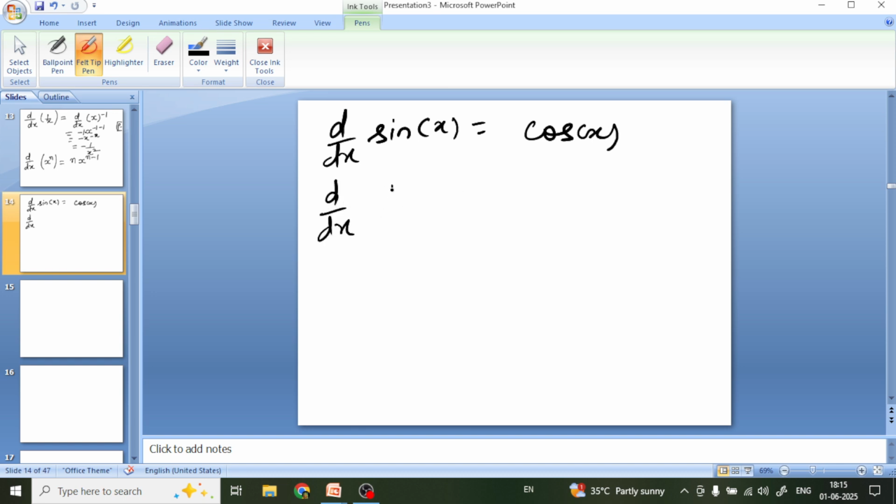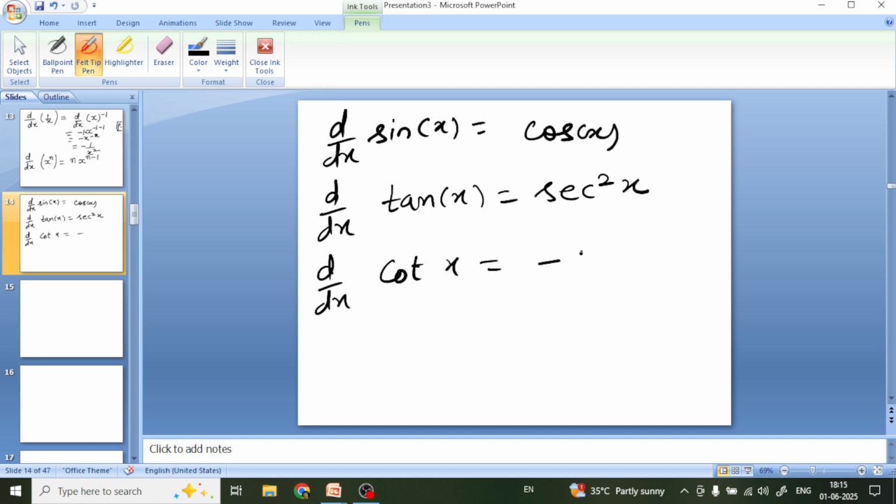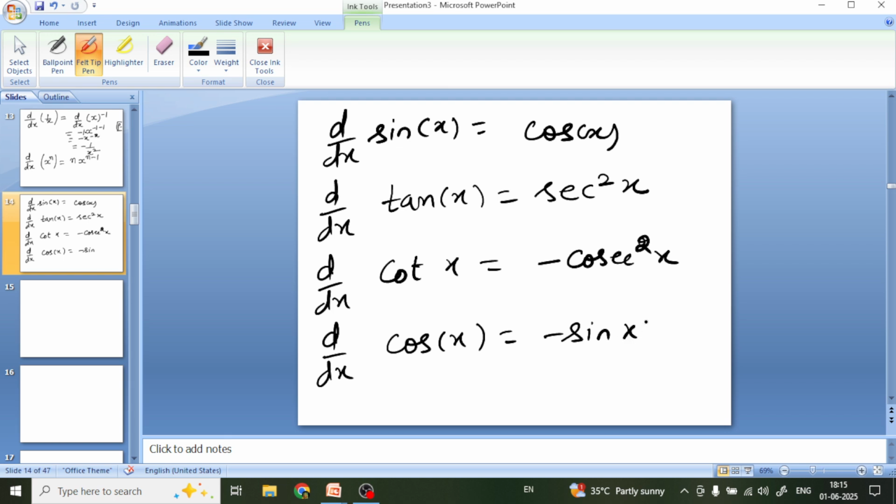Derivative of tan x should be equal to secant square x. Derivative of cot x should be equal to minus cosecant square x. Derivative of cos x should be equal to minus sin x.